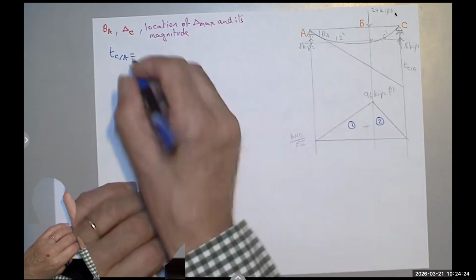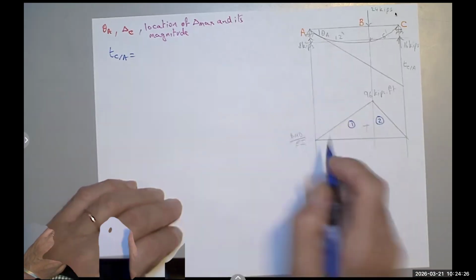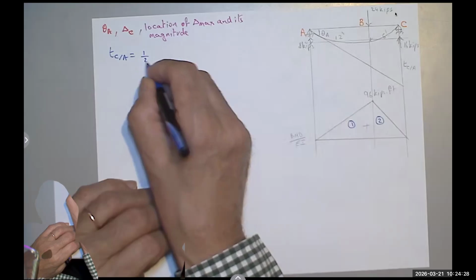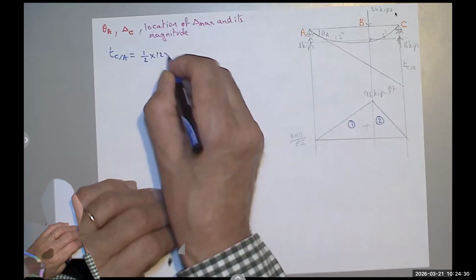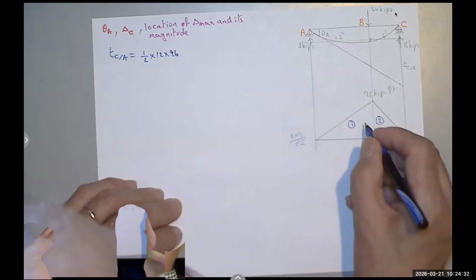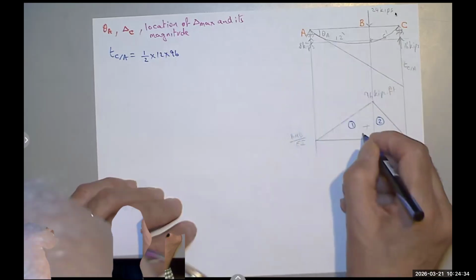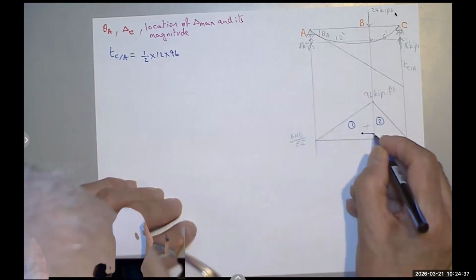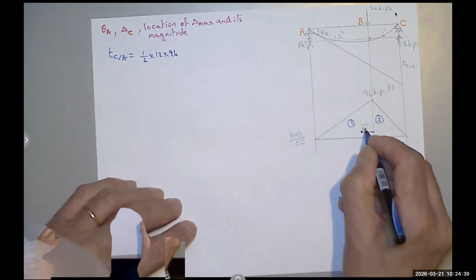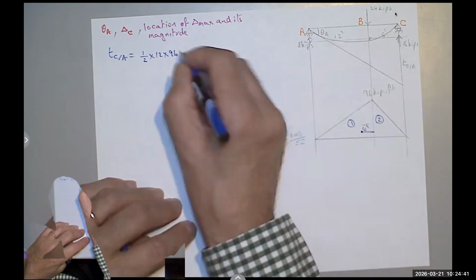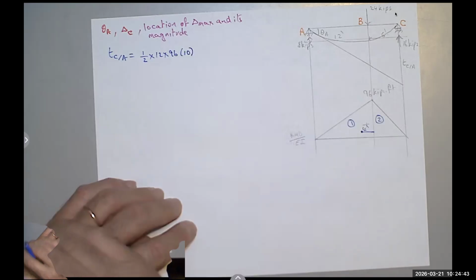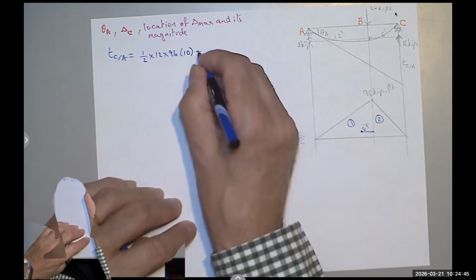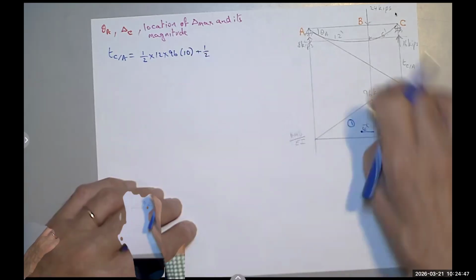Number one has an area of 1/2 base times height. The centroid here, if this is 12, is B over 3 from this line, meaning it's 4 feet. 4 plus 6 is 10, so times 10, plus 1/2 times 6 times 96.